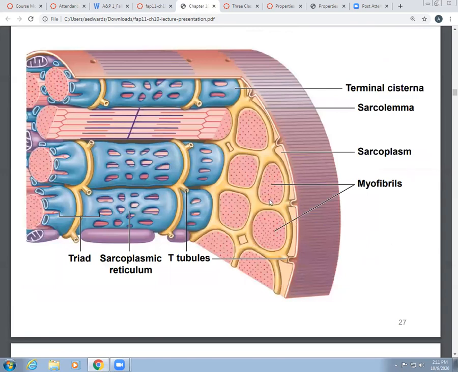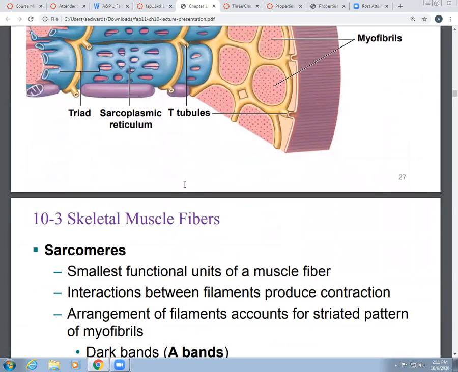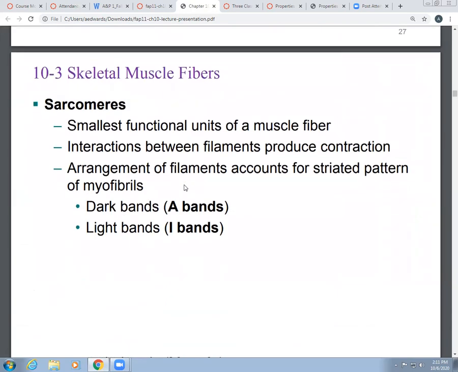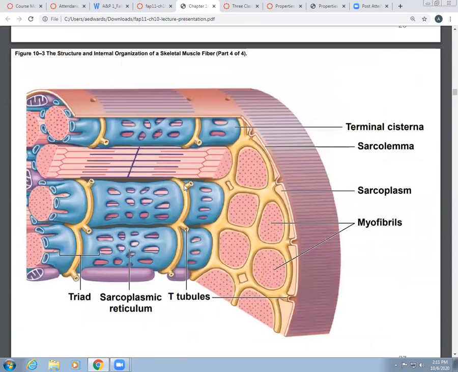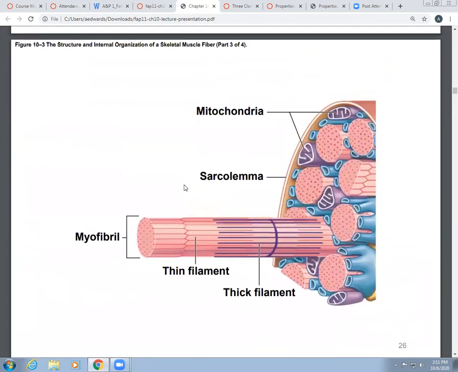Okay, another view, again, the terminal cisternae, transverse tubules, sarcoplasmic reticulum, two terminal cisternae, and a T-tubule is a triad. All right, so I'm going to stop there, kind of let you talk with your partner about the layers that you've learned about and the structures that you've learned about in there.